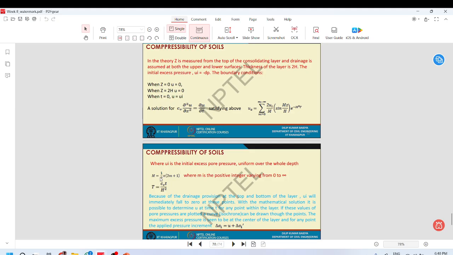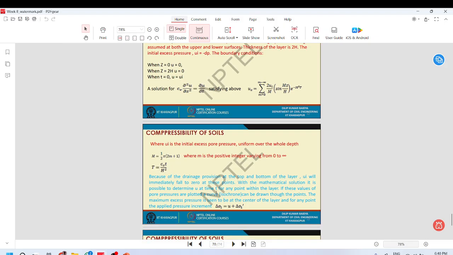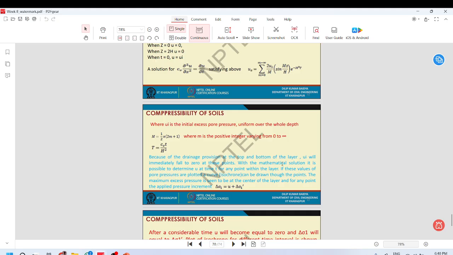M is equal to (2m plus 1) pi over 2, where m is a positive integer from zero to infinity. T is c_v t over H squared.